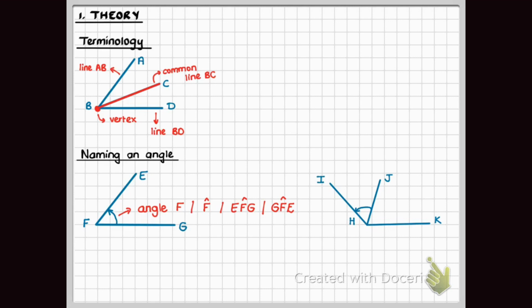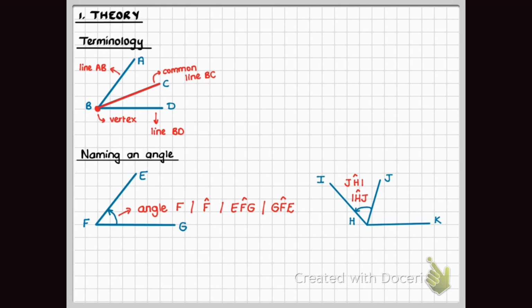So in this case we are either going to call it angle IHJ, with H being the vertex, subtended between the lines IH and JH. Or we can name it the other way around, angle JHI. Those are the only 2 ways that you can name that angle.